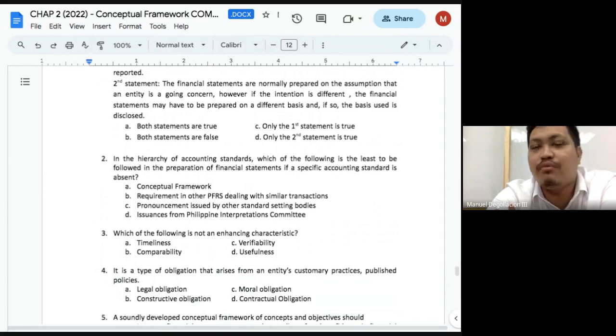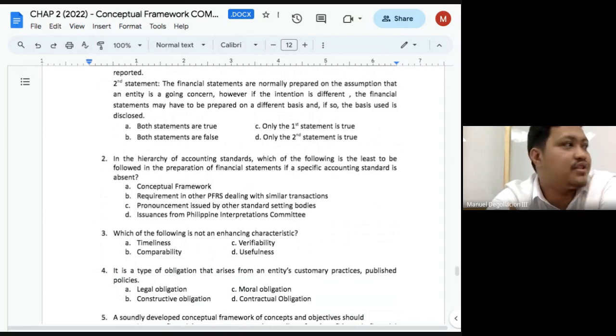So the question then would be, how about letter D? If letter D exists, class, then it should be followed. Okay? What we are trying to discuss here is what you're supposed to do in case no specific standard exists. But if letter D exists, what does that mean? There is an existing standard.